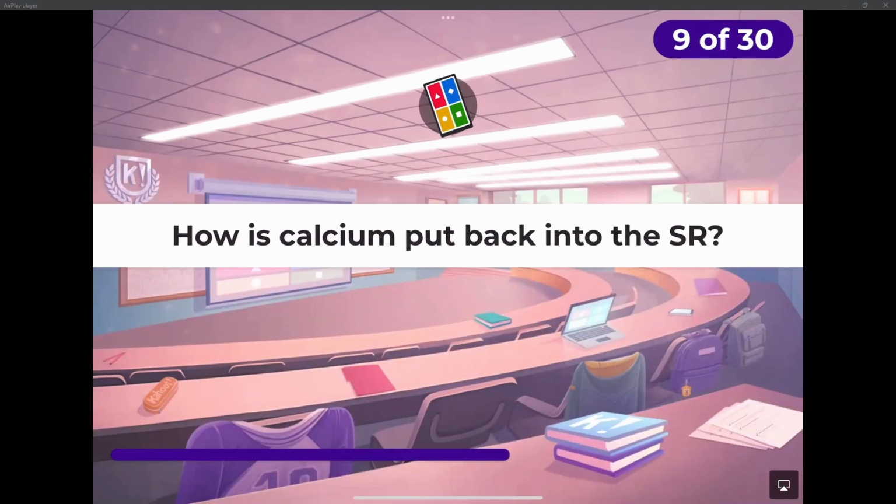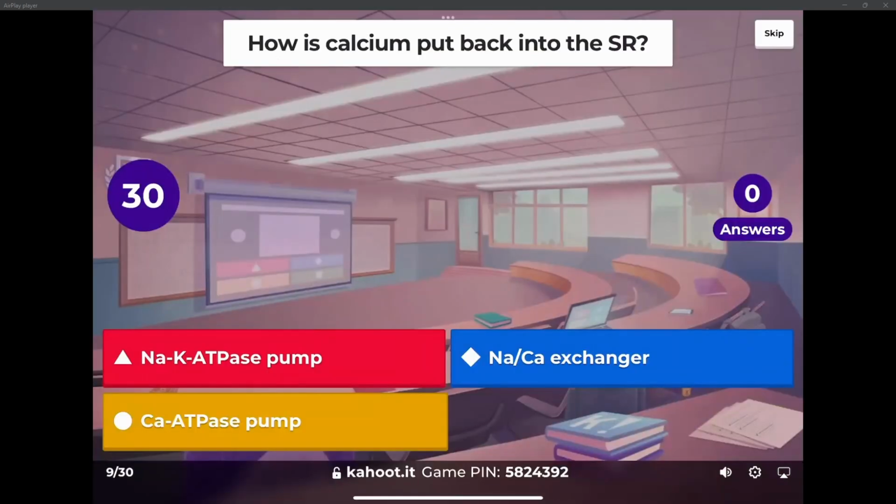How is calcium put back into the sarcoplasmic reticulum? Talking about the SR, not out of the cell. Into the SR. Which one goes back into the SR?